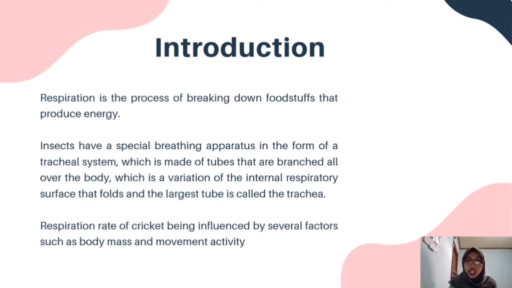Insects have a special breathing apparatus in the form of a tracheal system, which is made of tubes placed all over the body, which is a variation of the internal respiratory surface, and the large tube is called the trachea. Respiration rate of crickets is influenced by several factors, such as body mass and movement activity.